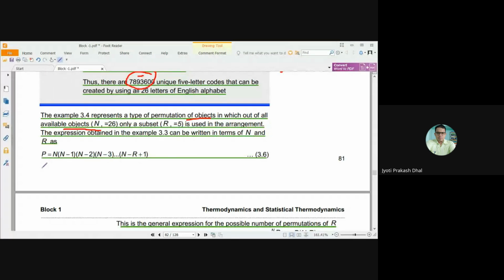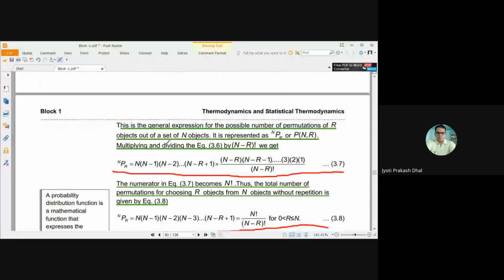So P equals n into n minus 1 into n minus 2 into n minus 3 and so on, up to n minus r plus 1. This is the general expression for the number of permutations of r objects out of a set of n objects. It is represented by nPr or P(n, r).